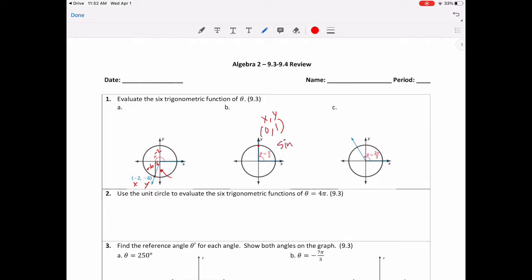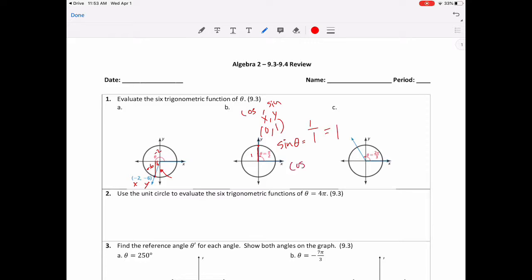Sine of pi halves, or theta, would just be y over r, but our radius on the unit circle is assumed to be 1. Okay, so that's why sine corresponds to y and cosine corresponds to x. So sine of theta here is 1. Or if you wanted to, 1 over 1 first, which is 1.